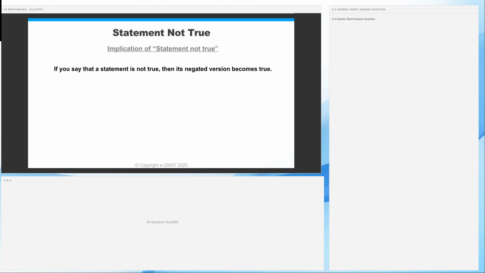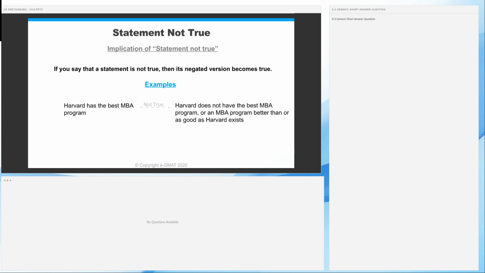Again, this is what a statement not true means. Now, many of you may say, Rajat, how can you say that if I say a statement's not true, then its negated version becomes true? Let's take some examples. Here's a statement: Harvard has the best MBA program.